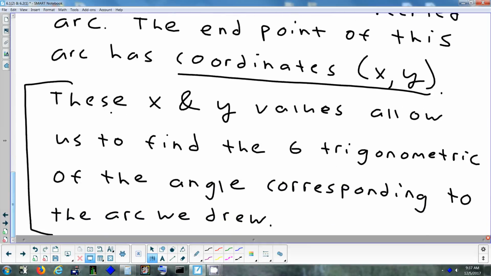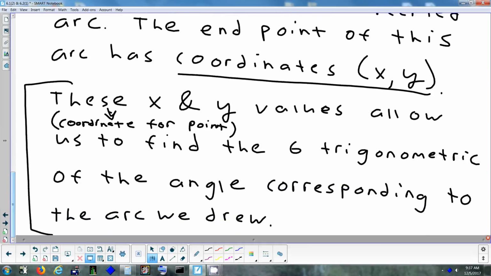So these x and y values, and by these I mean the coordinates, coordinate for point. And what's the point? It's where the terminal side and the circumference intersect. So if you need to write that, you can.